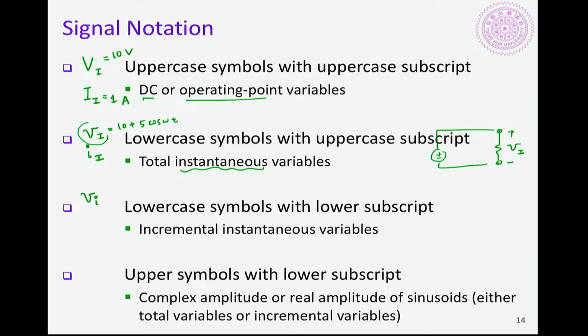If we have lower letter, lower symbols, and then lower subscript, okay, it's the incremental instantaneous variable. So usually it's only an AC signal. Incremental meaning that on top of the DC, what is this varying part?